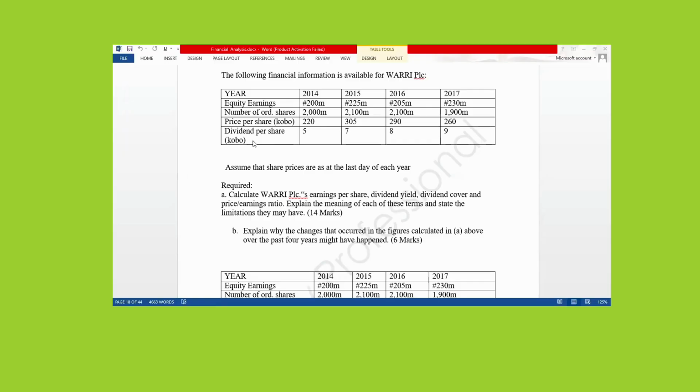You can check pages 171, 172, 173. All right. Now, let us look at question 2.